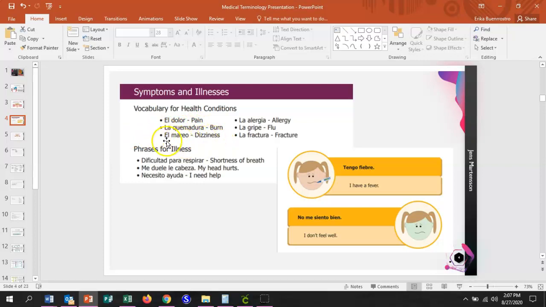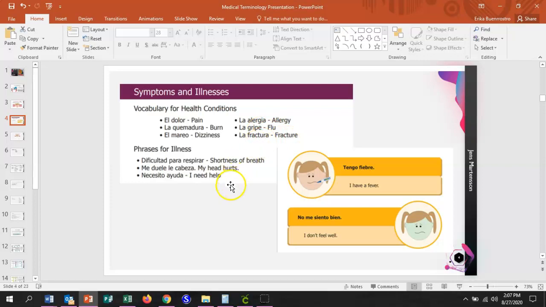Dizziness is el mareo, and I have learned that a lot of people in this area will say borrachera, which is another way for Latinx people in this area to say that they're dizzy. So dizzy is el mareo. Allergy is alergia. Flu, la gripe. Fractura is fracture.